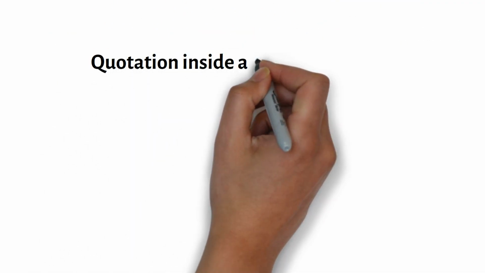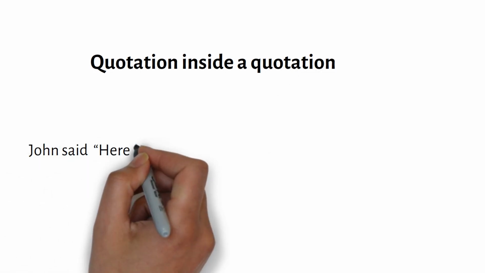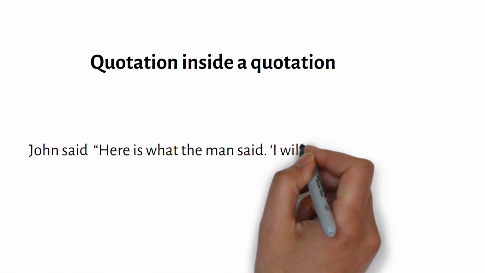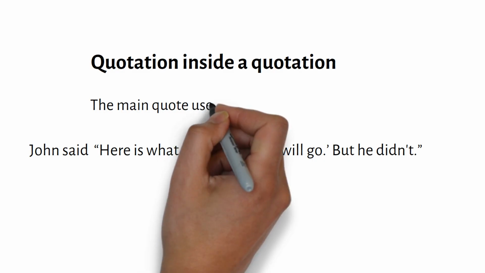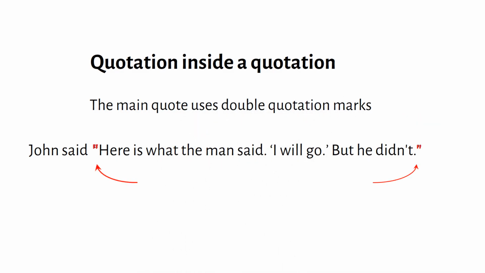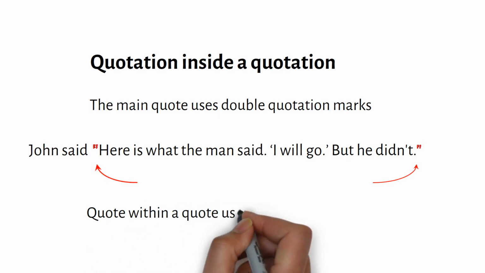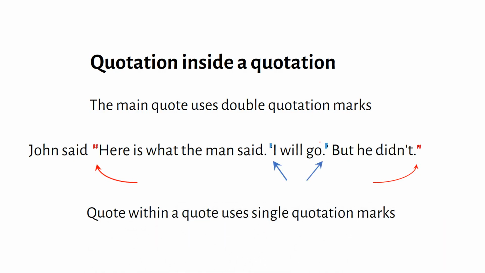One complication is when there is a quotation inside a quotation. For example, John said, "Here's what the man said, 'I will go,'" but he didn't. Here, the main quote uses the double quotation marks, and the quote within the quote uses single quotation marks.